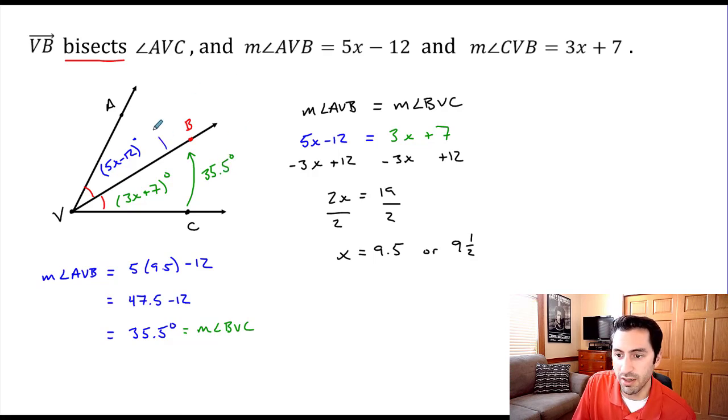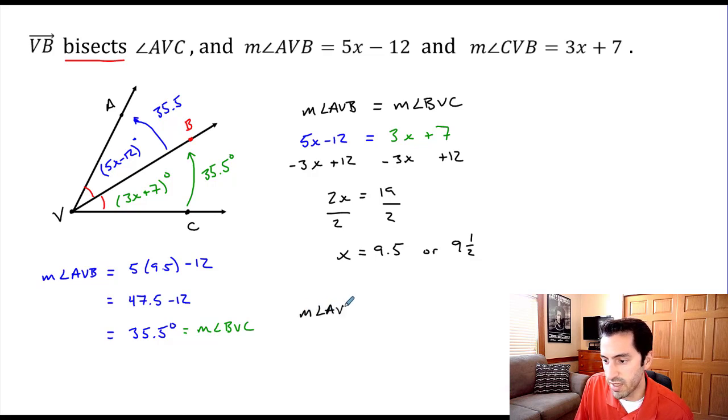And this angle here is also 35.5. Altogether then, I just need to double that to find out my entire angle. So the measure of angle AVC, the entire thing, is just twice as big as 35.5. So for a total, we get 71 degrees.